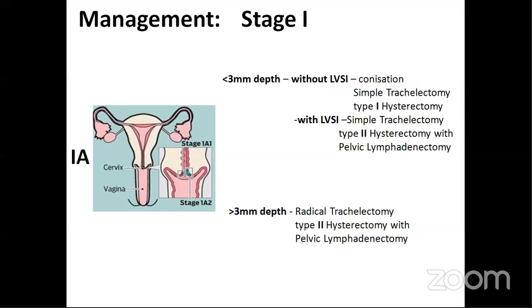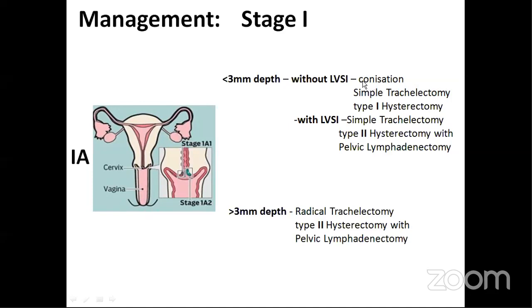In 1A, we have again 1A1 and 1A2, right? So in 1A1, where it is less than 3 centimeter depth and less than 7 centimeter extent, without lymphovascular space invasion, so lymphatic involvement is not there, in such cases, what can we do?